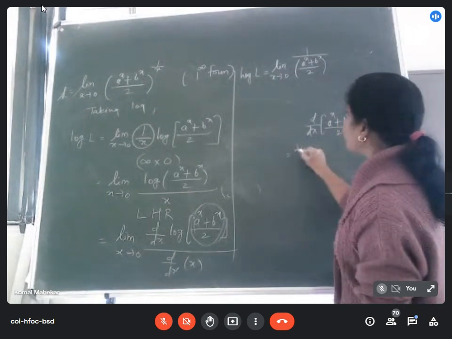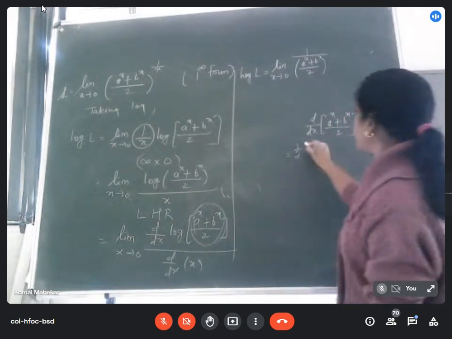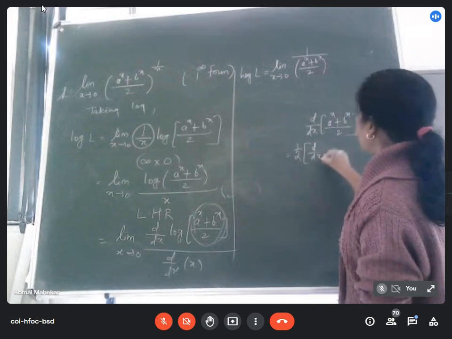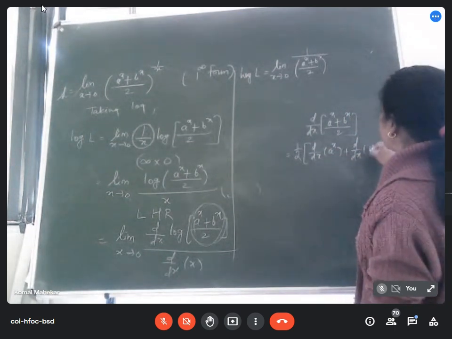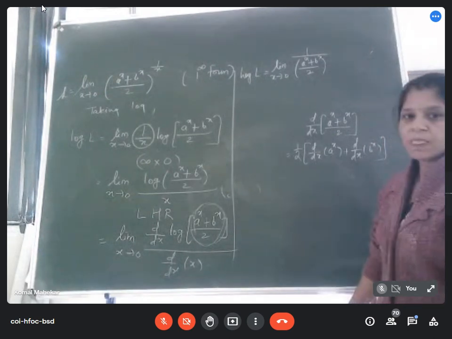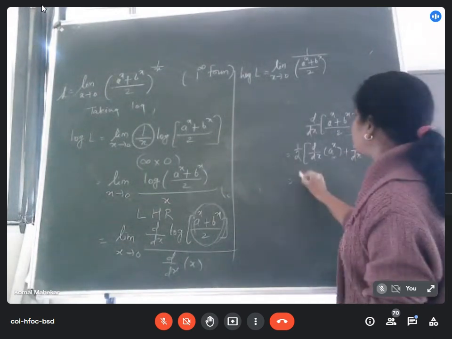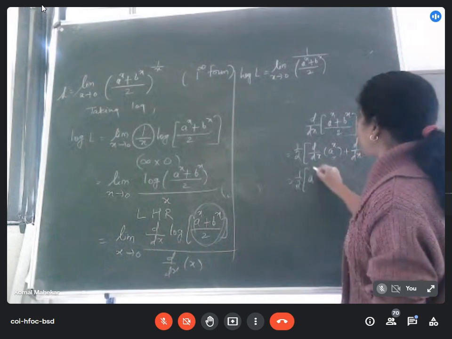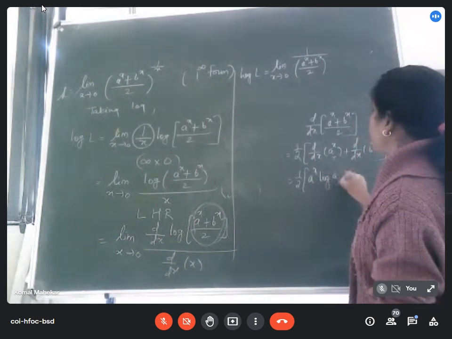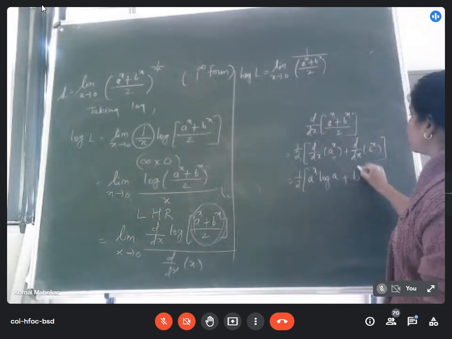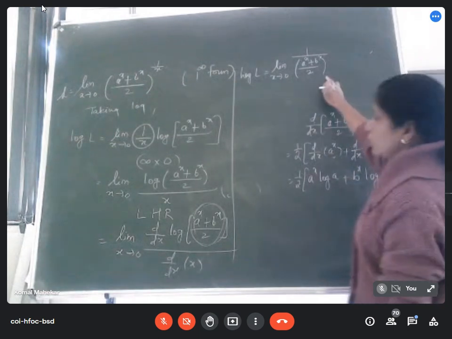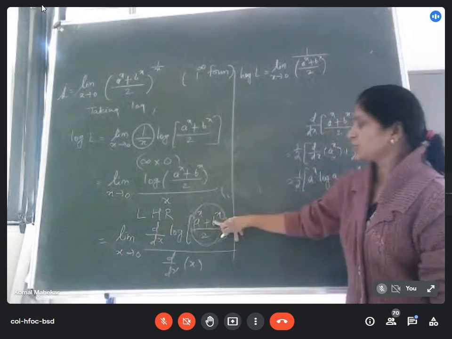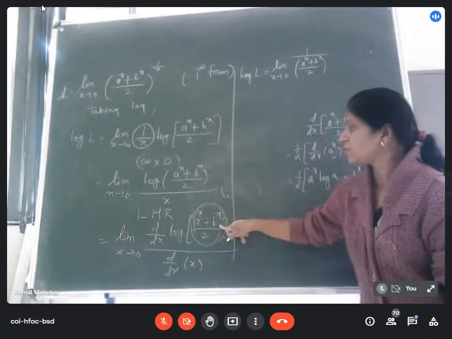Now this half is constant, so it is d by dx of a raised to x plus d by dx of b raised to x. Now what is derivative of a raised to x? That is a raised to x into log of a. What is derivative of b raised to x? b raised to x into log of b. So this is the derivative of log function into derivative of this function with respect to x.